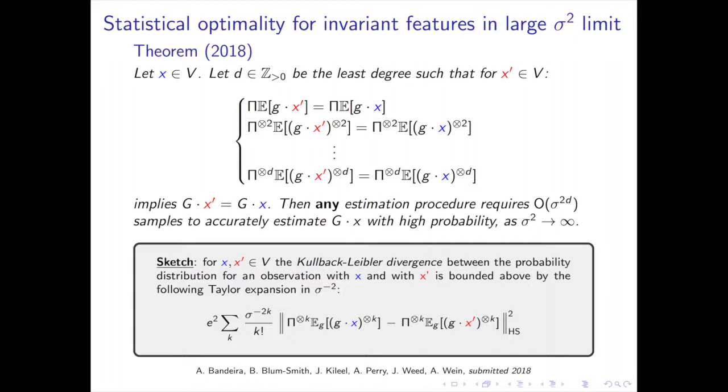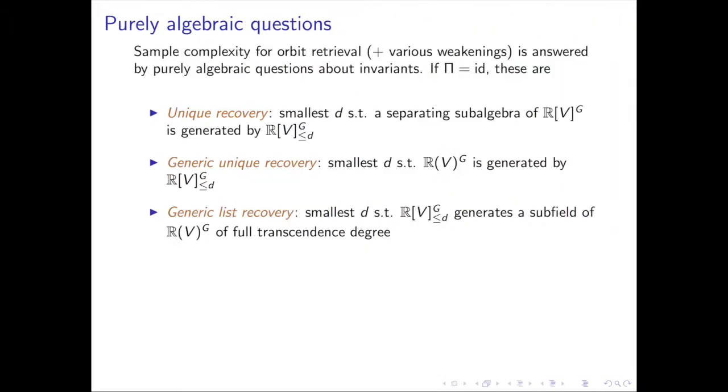And then invariant features actually meets this bound. So this is tight in the dependence on sigma. Okay, so what it means practically is invariant features for cryo-EM ought to use the fewest number of images sort of possible.